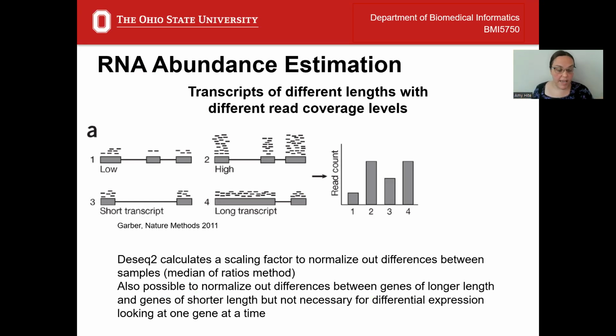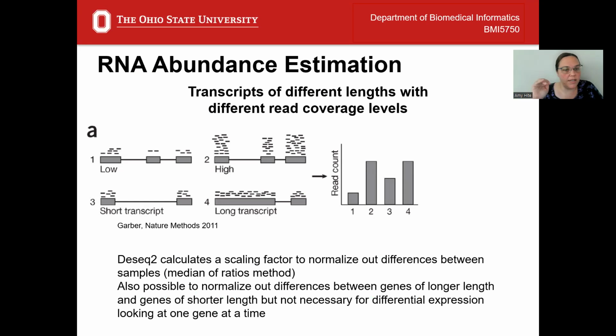So gene A in our low sample is going to have a low count, where gene A in our high sample is going to have a high count, even if these 2 samples had the same amount of gene A. So we need to normalize out those sample-to-sample differences. And that's what we're showing here with 1 and 2 in this figure. Since we are only comparing 1 gene in our 2 groups, that's all we have to care about.